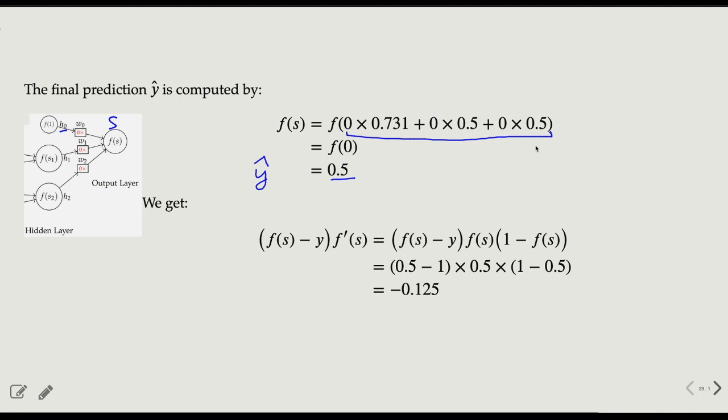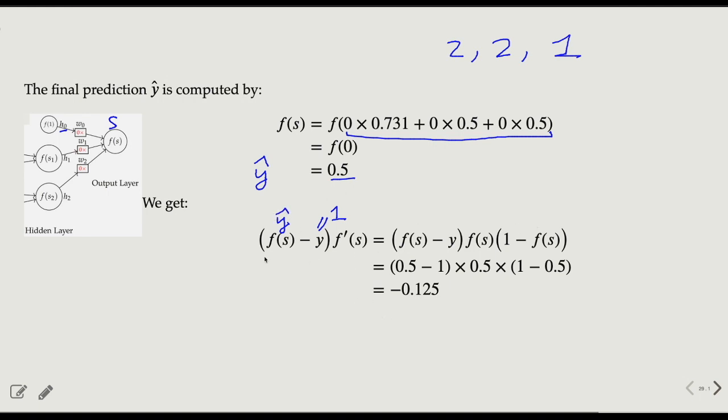And we know in the data instance, the training instance that we have here, the buying price is 2, the maintenance cost is 2, and then the class is actually 1. So we know y equals 1 here, and f(s) or y hat is 0.5.